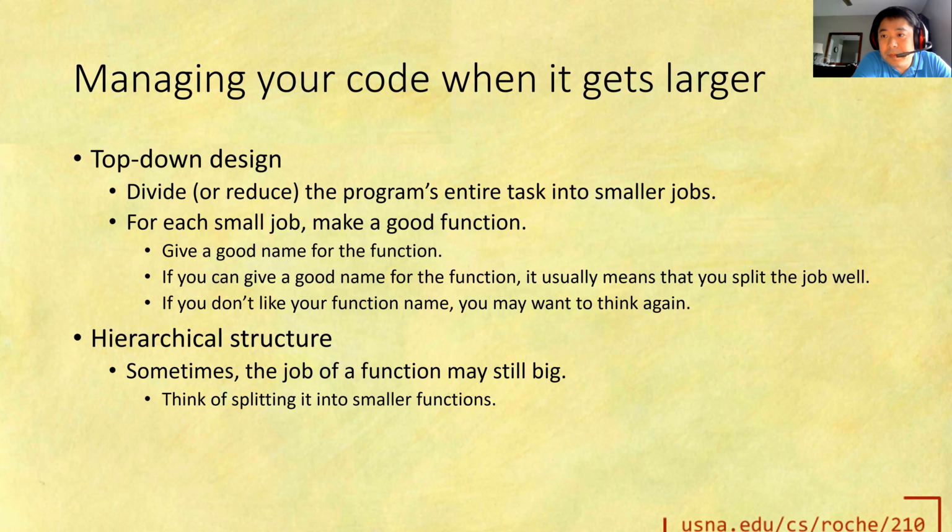We split the job into roles. And then for each role, for each function, for each task, you have to write a good function. Give a good function name and think about what will be the input and output of the function. That's the design, and that's what we are expecting you to be able to do, especially in this entire career.